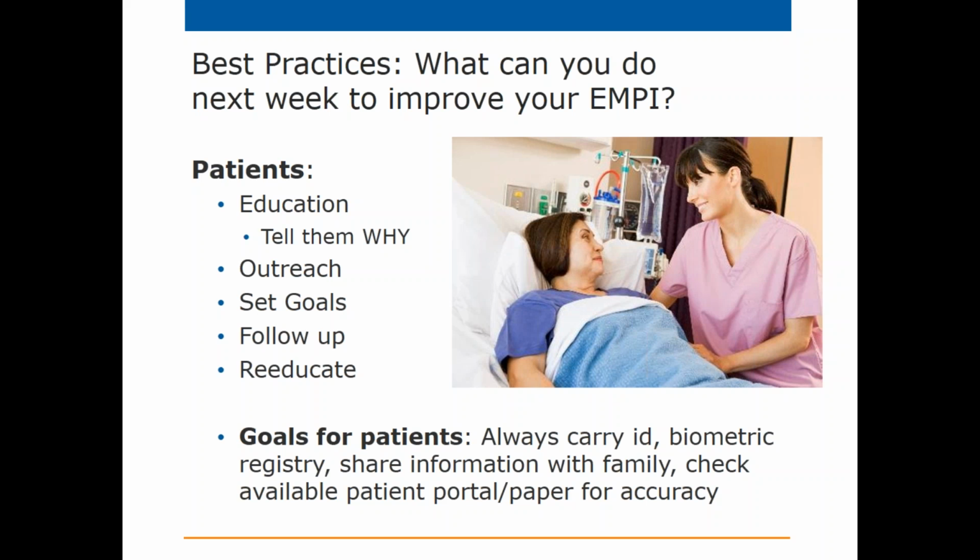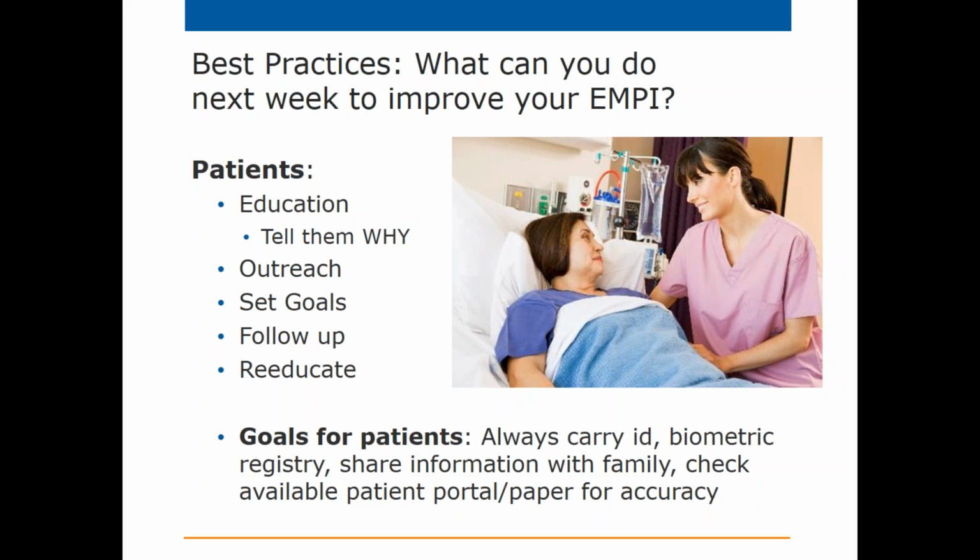Set goals on how you're going to update your patients or inform them of what you're trying to do with that information, follow up with them and re-educate. You know, goals for patients should carry an ID. Usually a driver's license, everyone usually has a driver's license, and it should have the correct information on it. Biometric registry, maybe a little far off on that, but maybe not. Maybe it's a thumb.